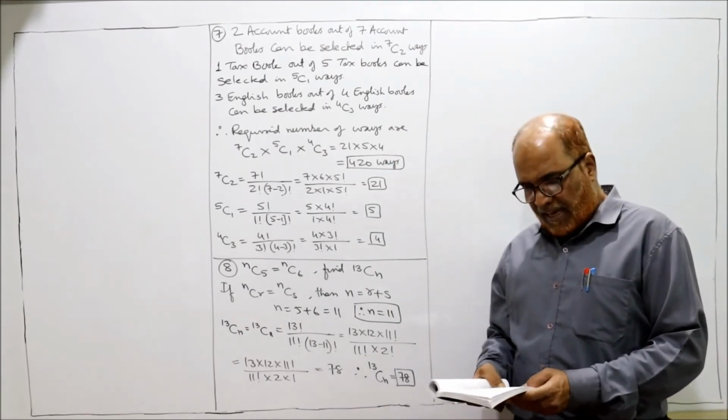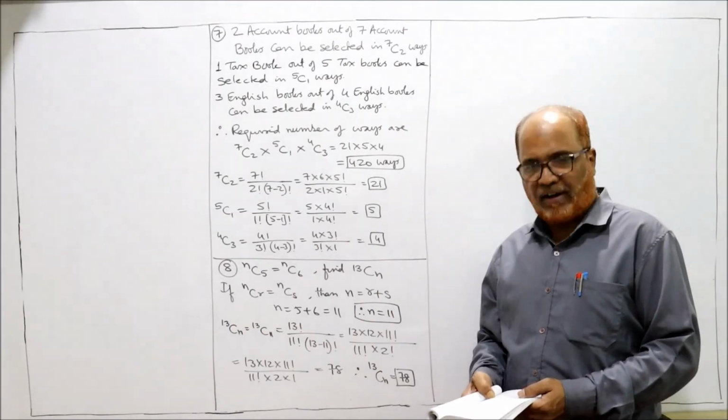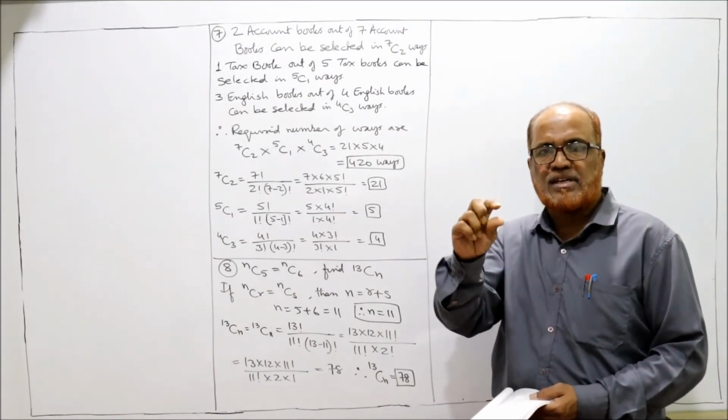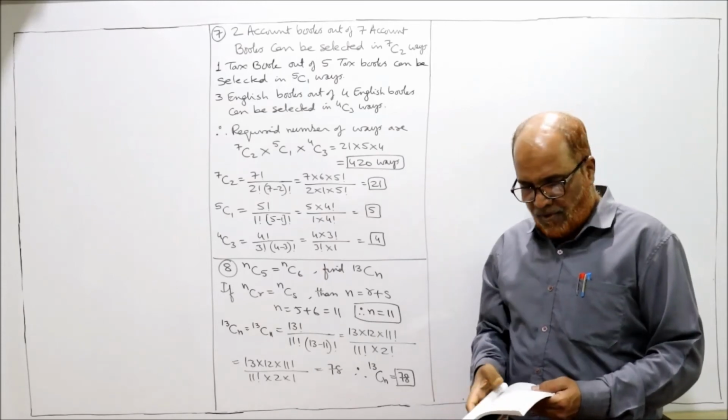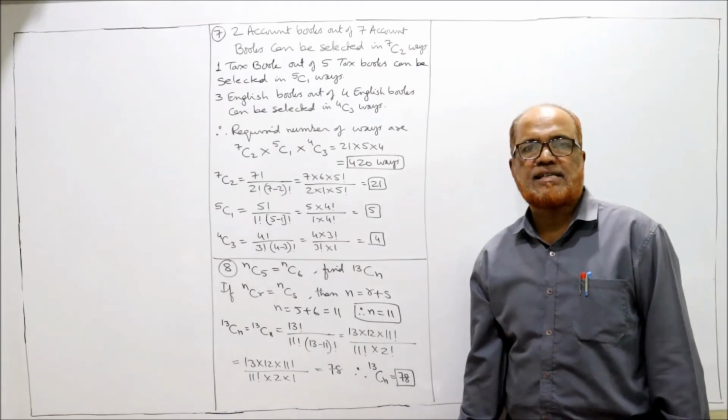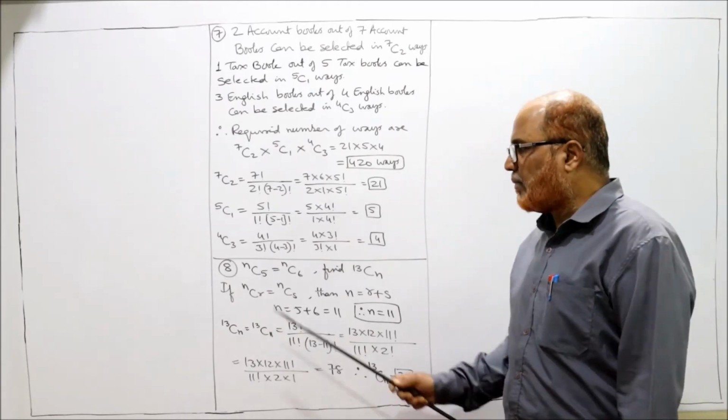8th one. If nC5 is equal to nC6, find 13Cn. So there is a formula.